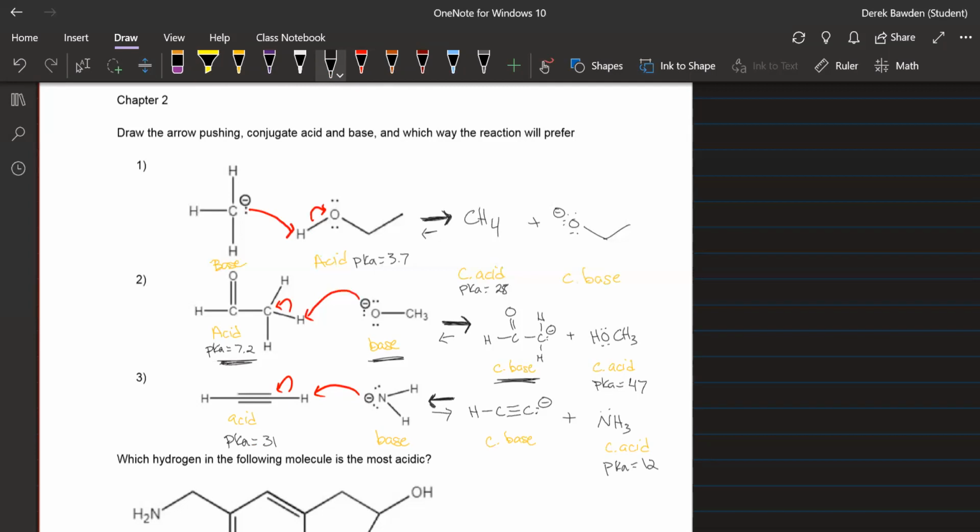It's going to prefer the left side. All right, any questions on acid-base stuff? Shouldn't be anything too crazy. Just determine which one's your acid and base. The base is going to steal a proton and should be good to go. Make sure all of your charges are set.